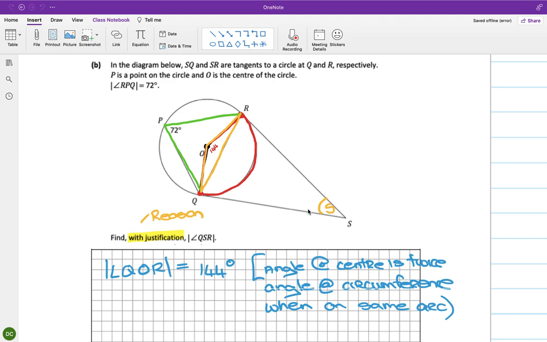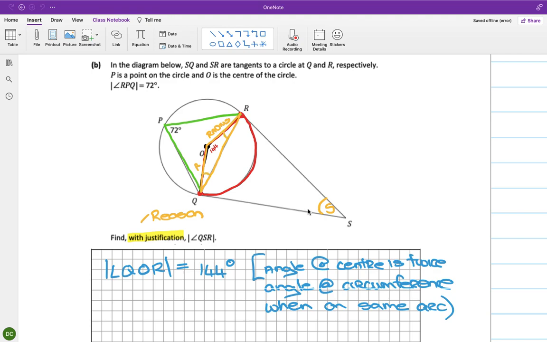There's a little squishy isosceles triangle there. How do you know it's isosceles? So what is this line here? It's a radius. And so is this one. So if they're both radii, then what can we figure out? The angles at the base. We can figure out these angles here.